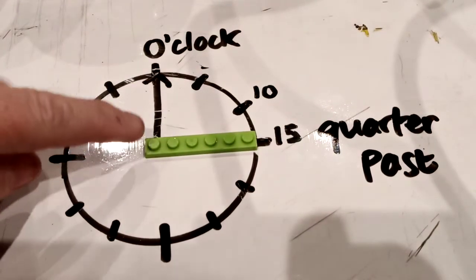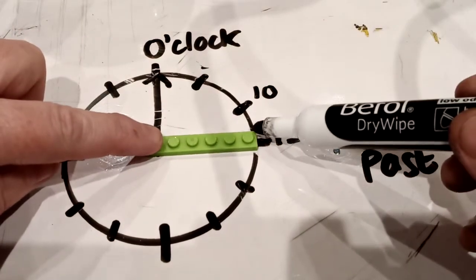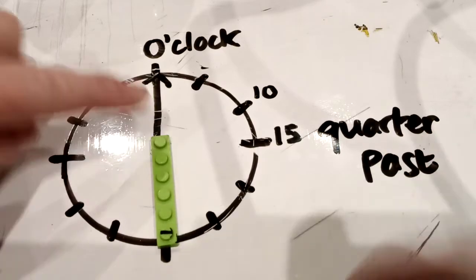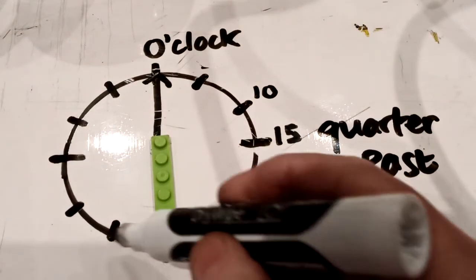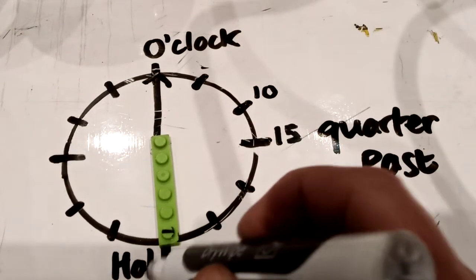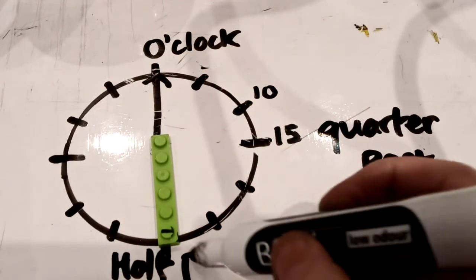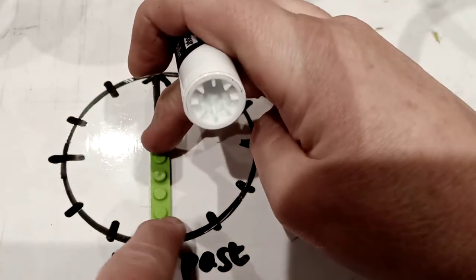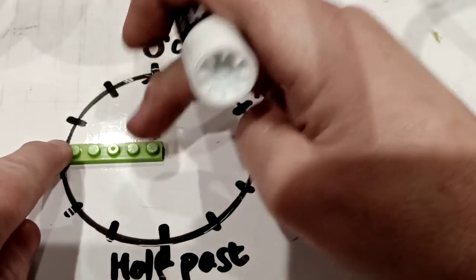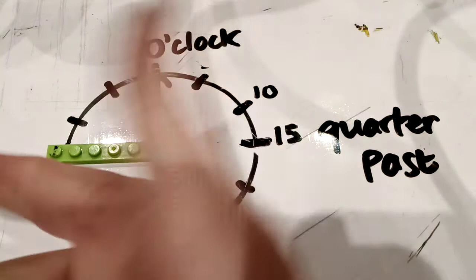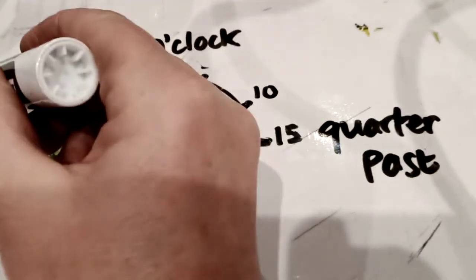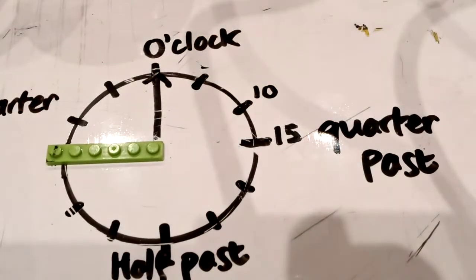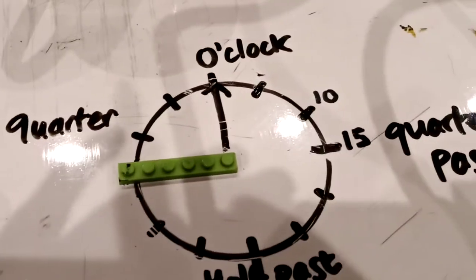When our minute hand ticks some more down there, and it points to the bottom, we say it's half past. And then finally, when it ticks that way and ends up pointing that way, we say it's quarter to.